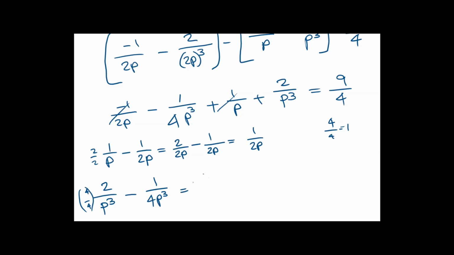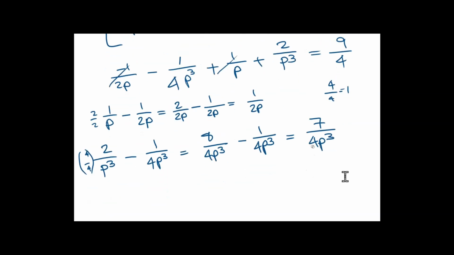Then we get 8 over 4p cubed minus 1 over 4p cubed. They have the same denominator. So we get 7 over 4p cubed.